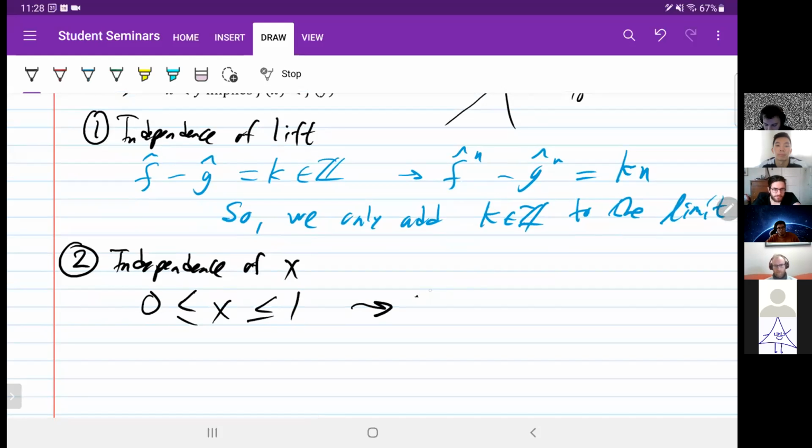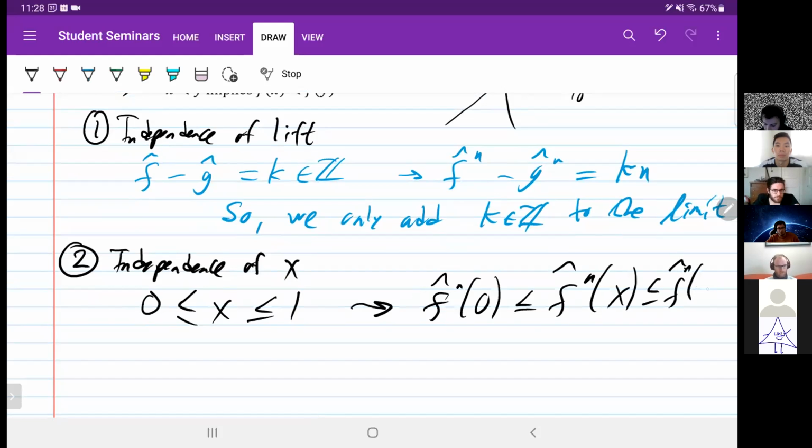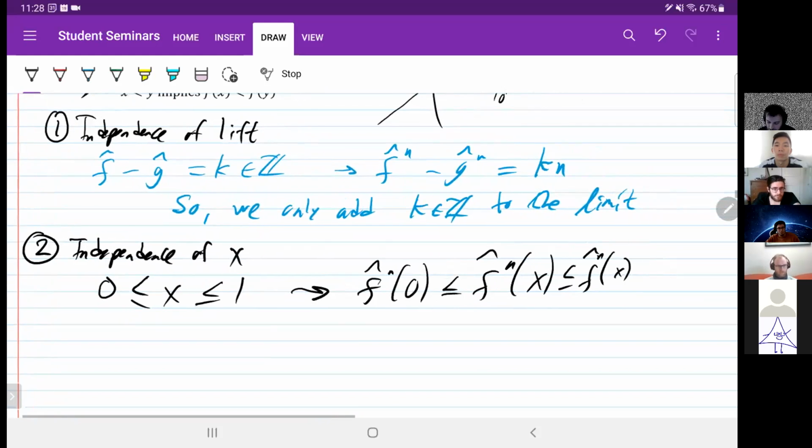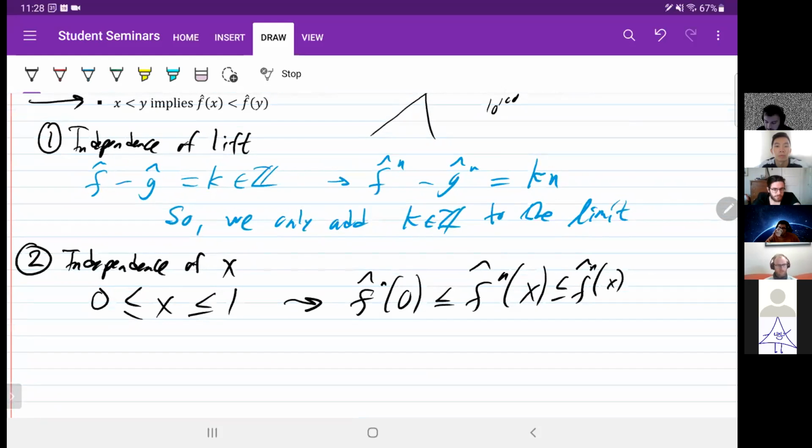So this means that, well, we'll just apply f n times. Okay, so if I apply f n times, this order preserving property means I have this inequality, and I've written it wrong. There we go. But the nth iterate of f on 1, well, that's just 1 plus the nth iterate of f on 0.